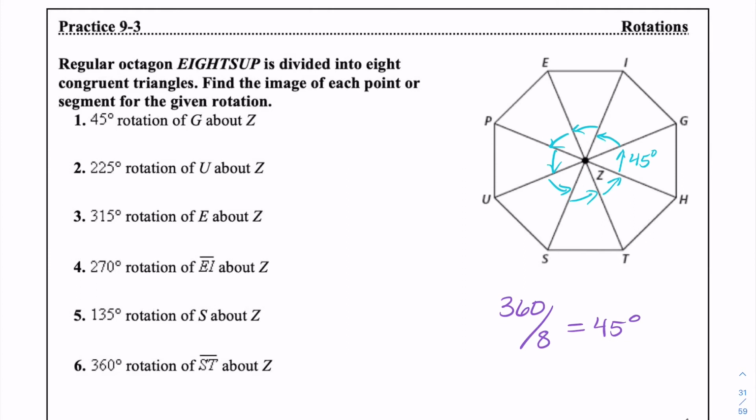So you're going to move 45 degrees, a rotation of G about Z. So let's think about G, 45-degree rotation about Z. We're rotating about Z, which just means that it's equidistant from Z. So that equidistance, there we go, that's my circle. It gets me to point I.